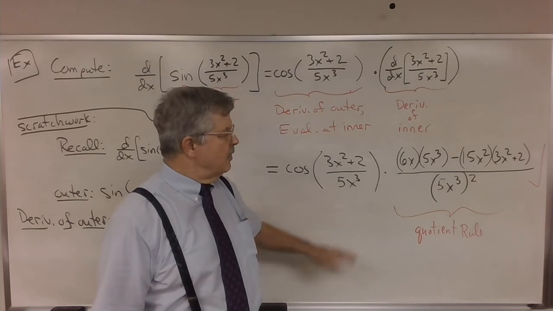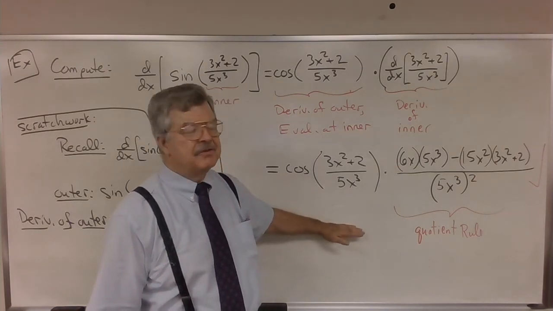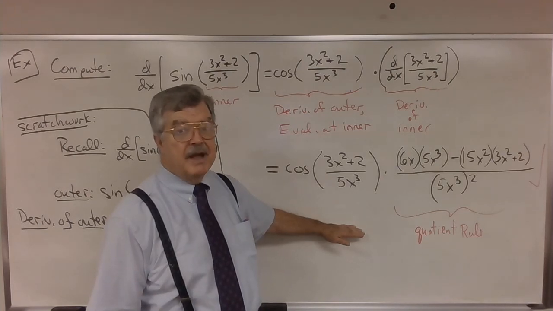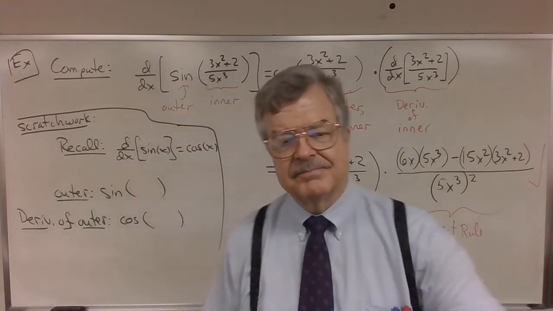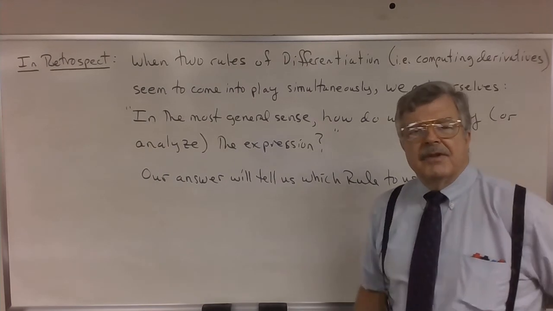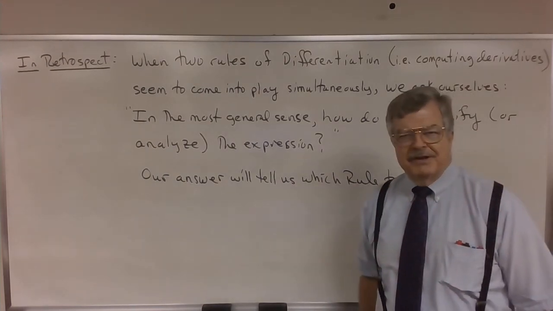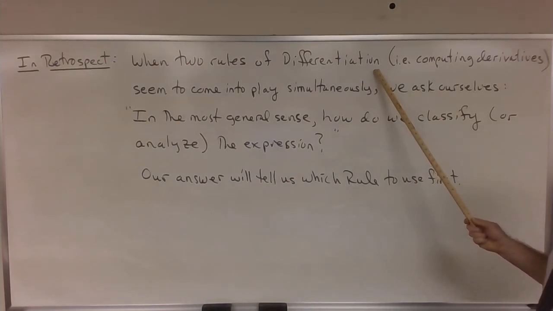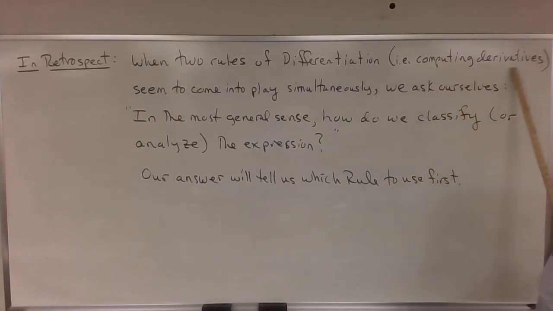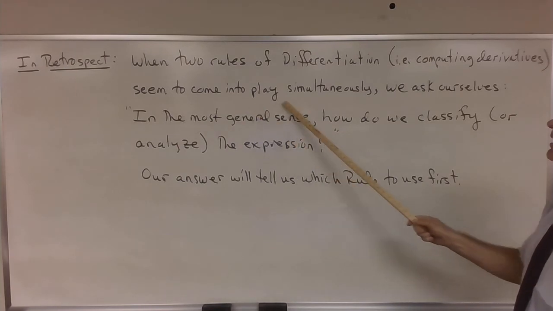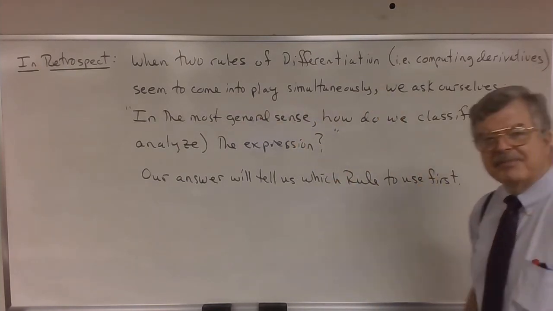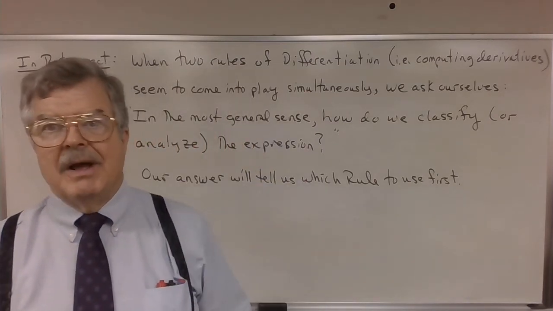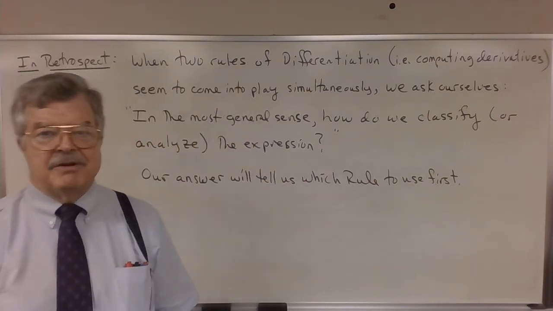Now, before we go on to one last exercise, let's do a retrospective of what we just did. When two rules of differentiation, that is, two rules of computing derivatives, seem to come into play simultaneously, like the quotient rule or the chain rule, and we say, well, I don't know which one to do.